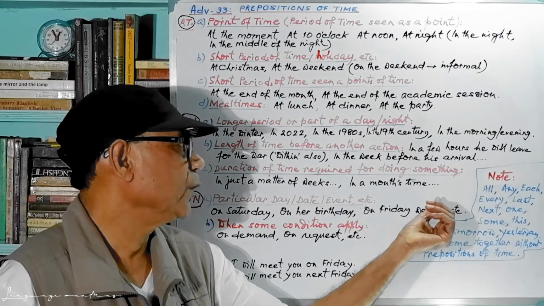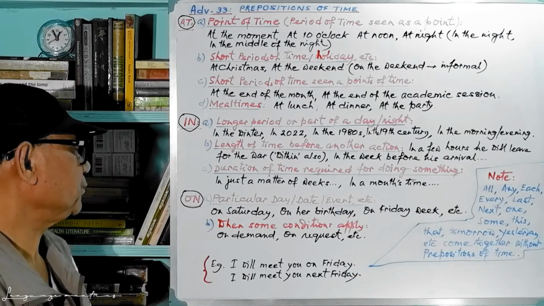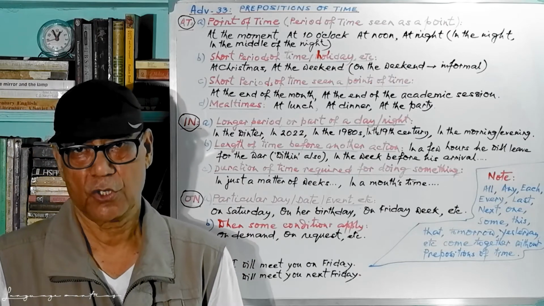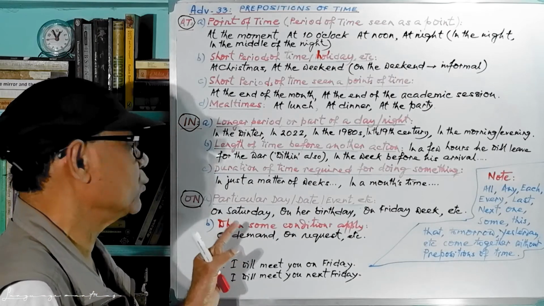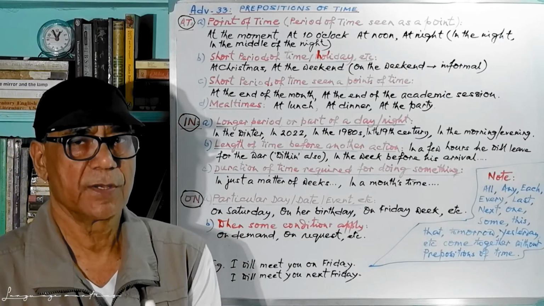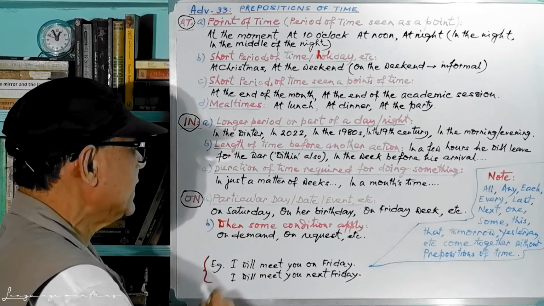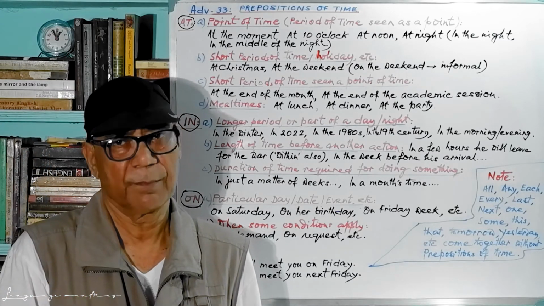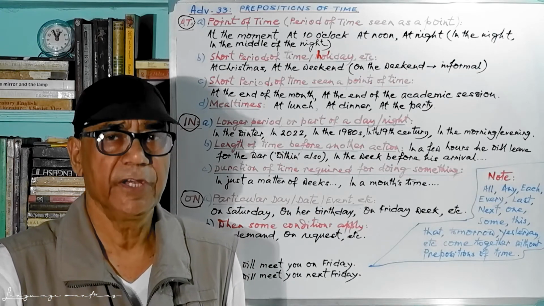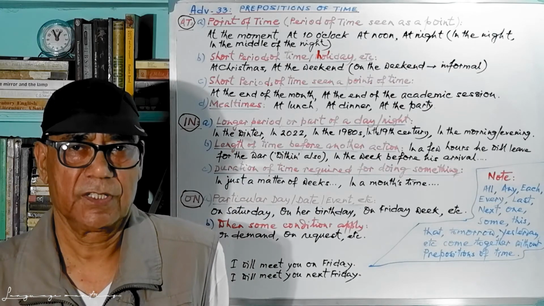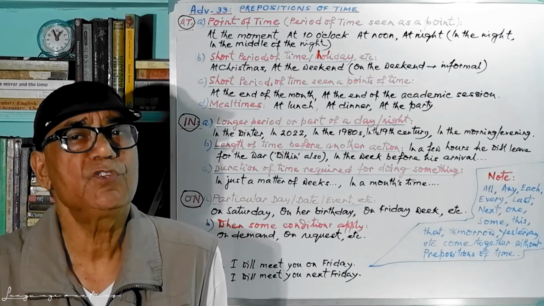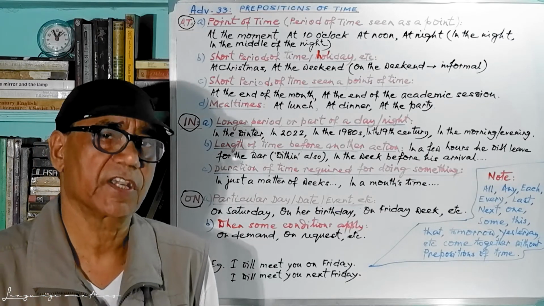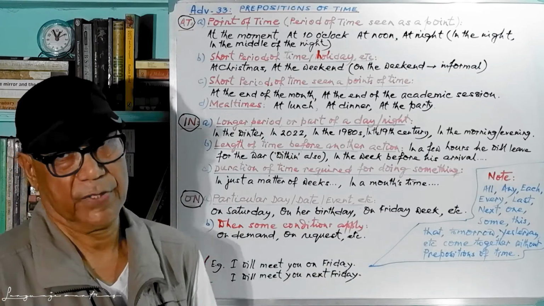So when we have a particular day, date or an event, in that case we use on, and it's quite simple. Then when some condition applies, I must pay you something, but you have to repay on demand. You have to give me the amount on demand. So this is a condition, or on request, etc.